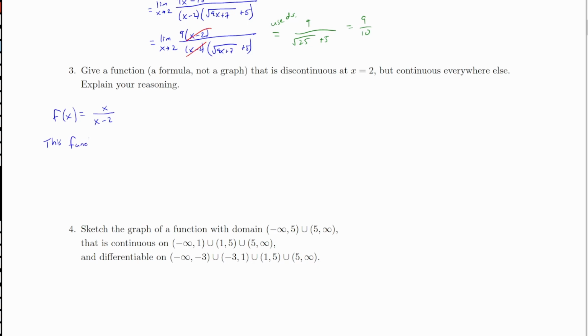So this function is undefined at x equals 2, and therefore not continuous there. But since it's a rational function with domain x not equal to 2, it's continuous everywhere else.